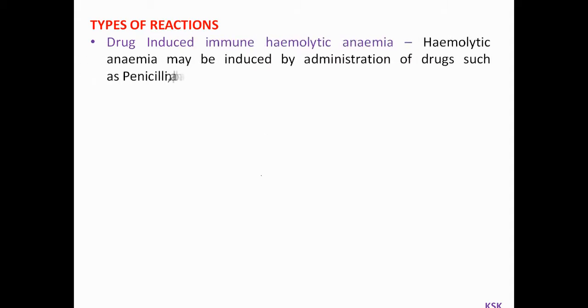Type 2 hypersensitivity can be indicated by an example of the first type of reaction, drug-induced immune hemolytic anemia. Certain drugs are responsible. Normally we use drugs for the treatment of certain diseases, but sometimes the drugs have side effects, causing hemolytic anemia.